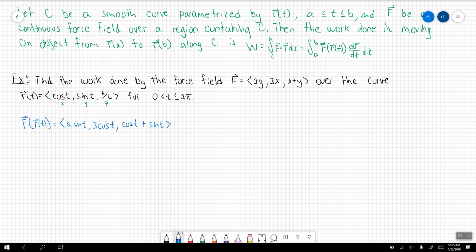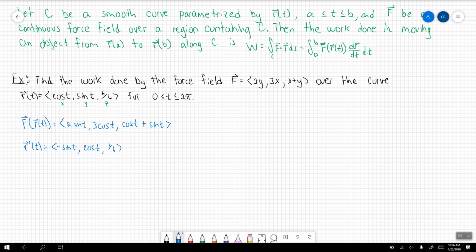Now what I want to do along with this is find the derivative of my position function. Now my derivative here should be negative sine of t, cosine of t, and then this is just going to be 1/6, as such.